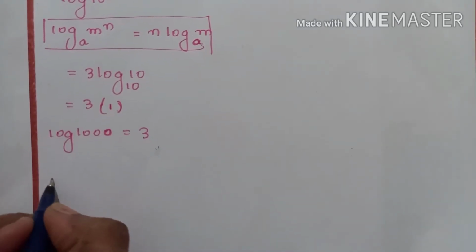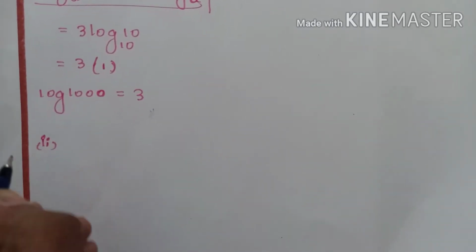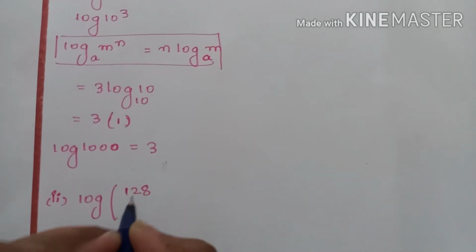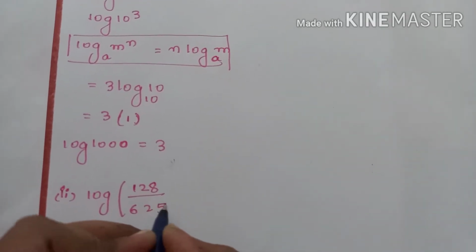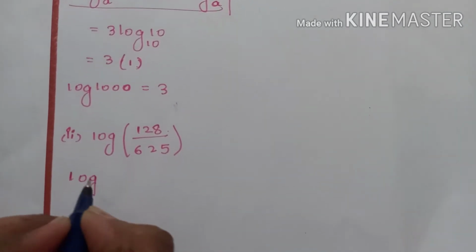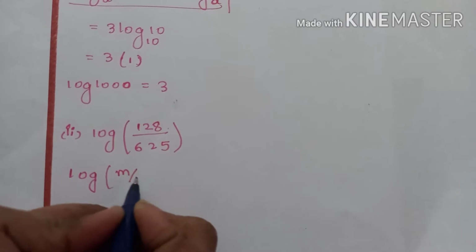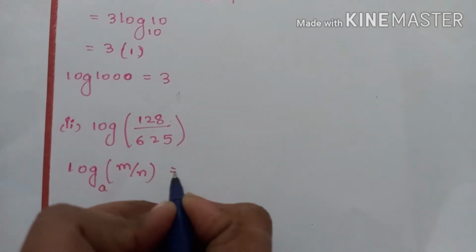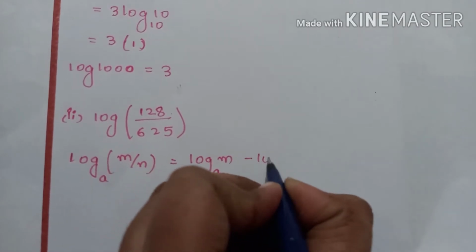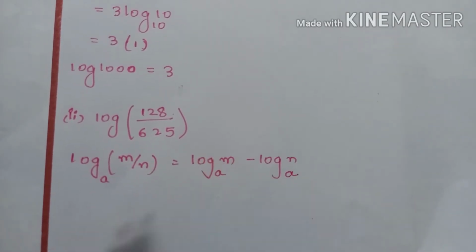Now the second question, which is log 128 by 625. And we know the property that log m by n to the base a can be written as log m to the base a minus log n to the base a.